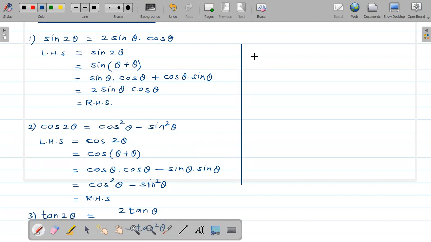Let us see. We know that cos 2 theta is equal to cos square theta minus sin square theta. But you can modify this formula by using the fundamental identity.